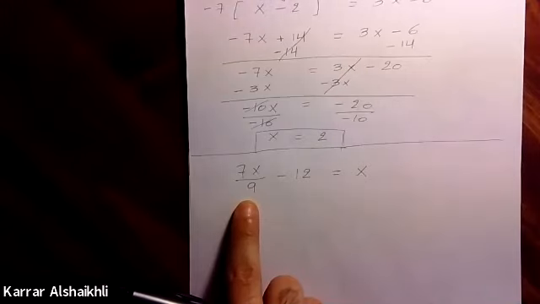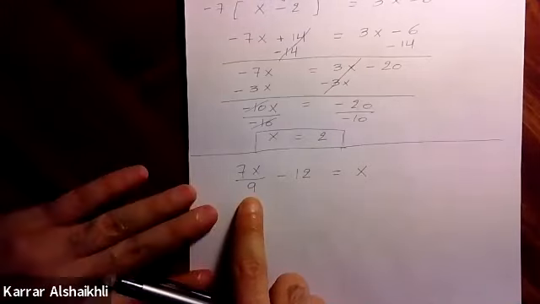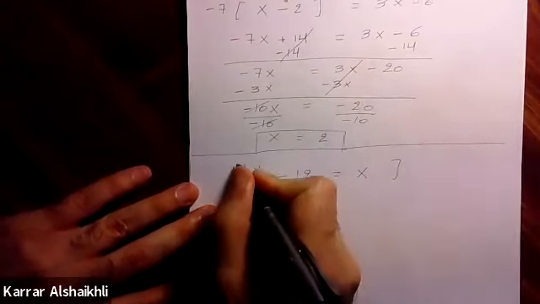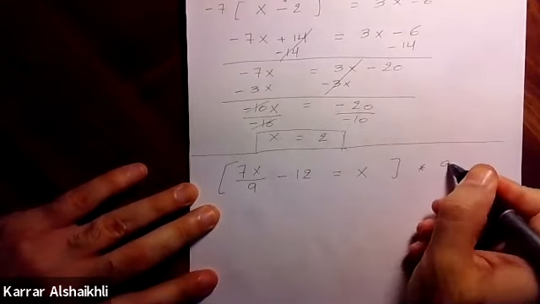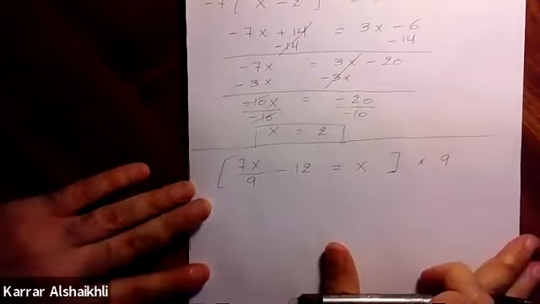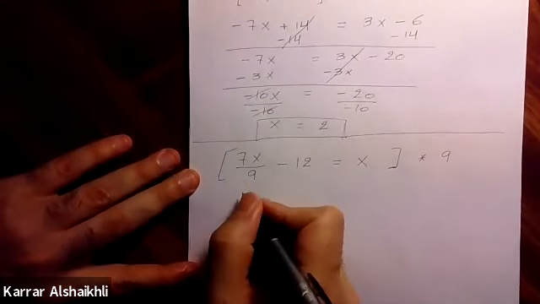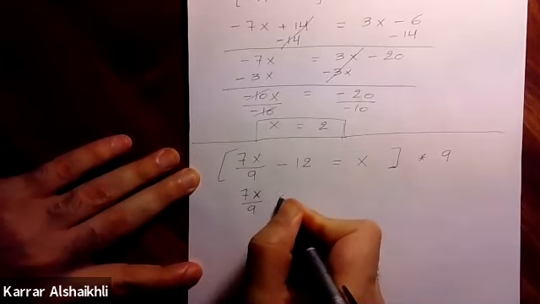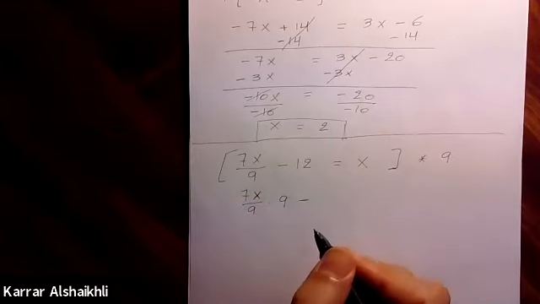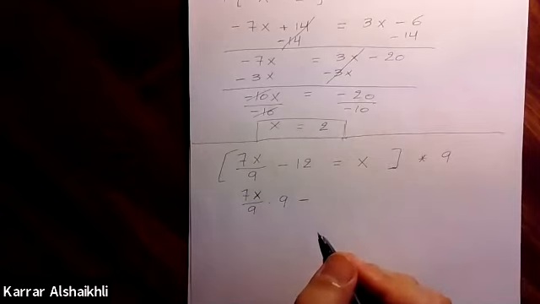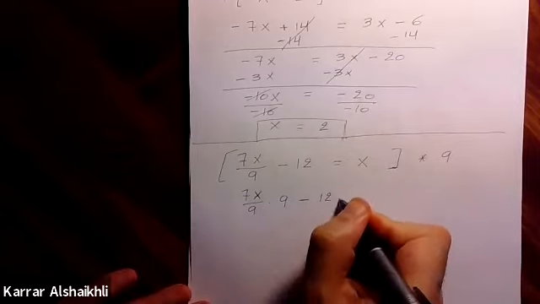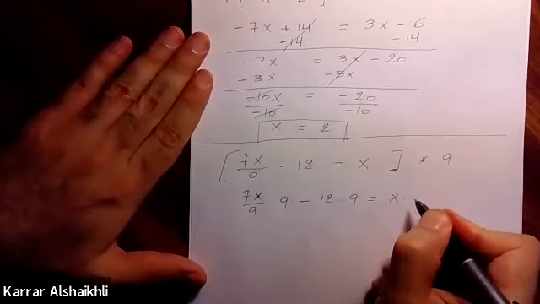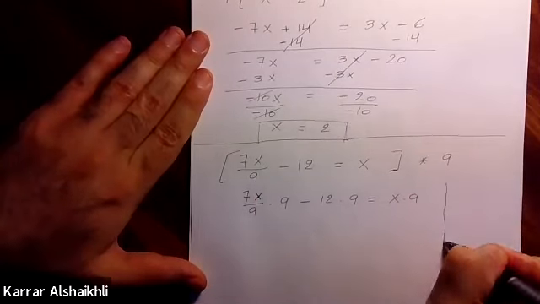I'm going to multiply everything by 9, so I can cancel this denominator. So I'm going to multiply this one by 9. So this part is going to be 7x over 9 times 9 minus 12 times 9 equal x times 9 here on the side.